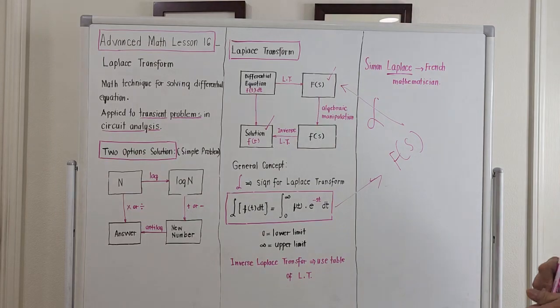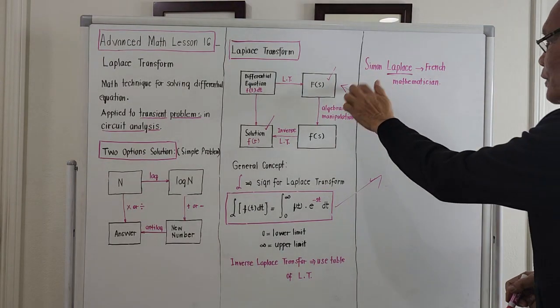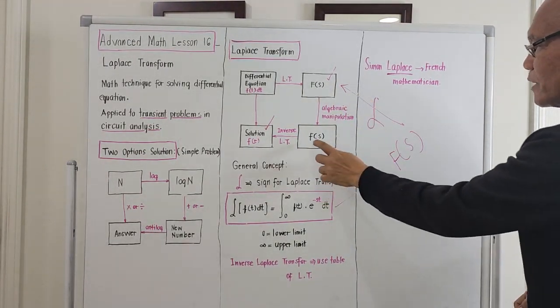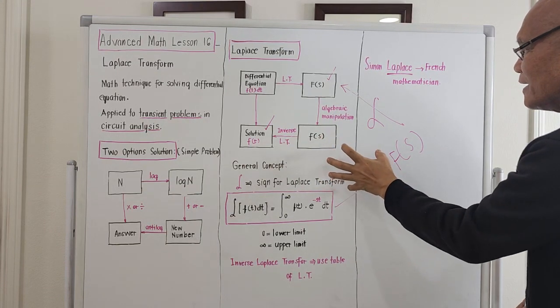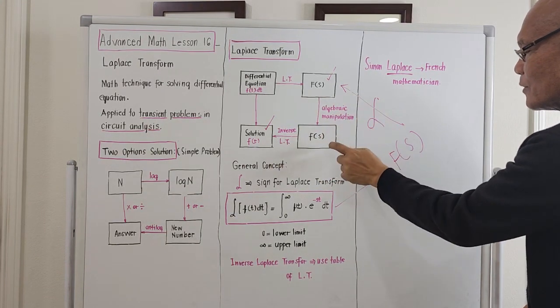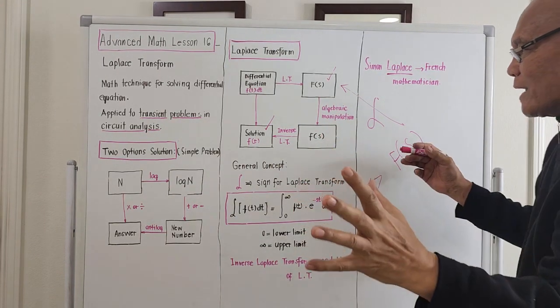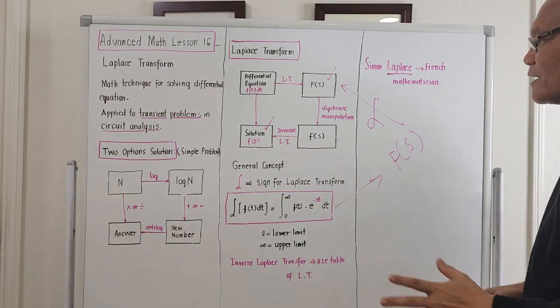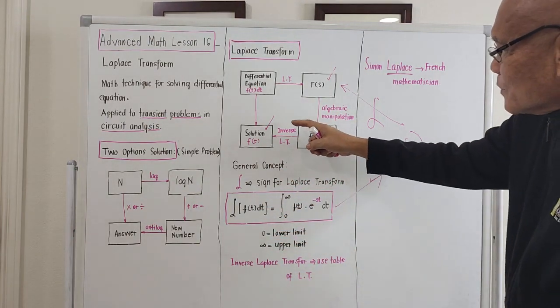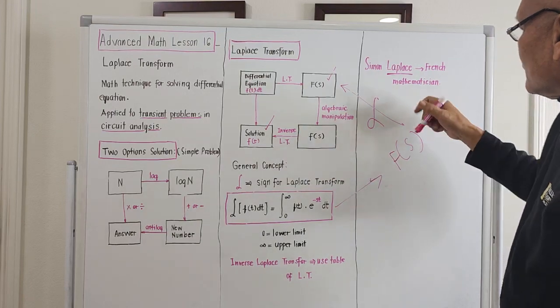Then by using algebraic manipulation to bring out the small letter f as a function of s, and to bring out the final answer, you just take the inverse Laplace transform by using the table.